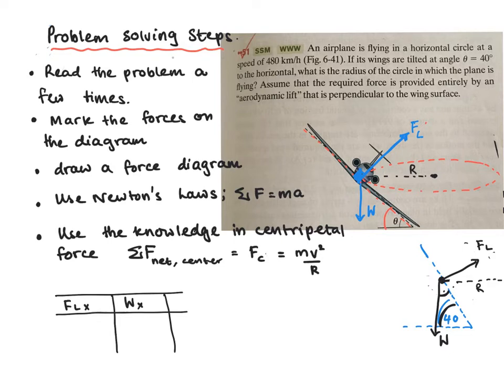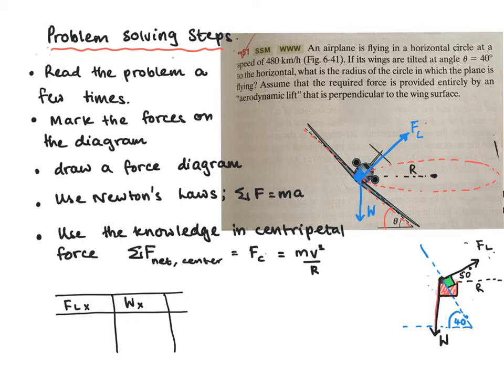If this is a 40, then this becomes a 50 again, because this is perpendicular to the dotted line. And also if I draw this line, that is also perpendicular, right? So, we have the angle.